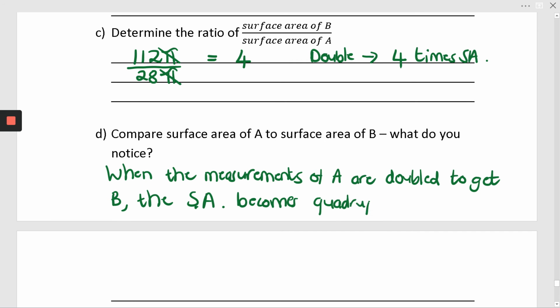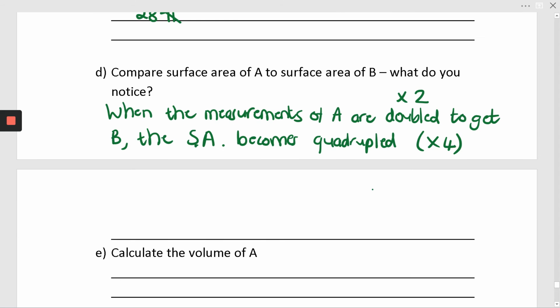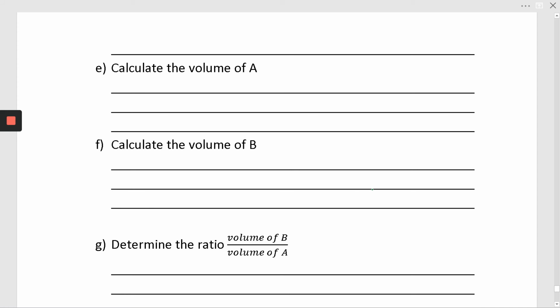Isn't that a lovely word? And that means times by 4. Okay, what's interesting is doubled is times by 2, and now we're talking about something timesing by 4. Okay, hold that thought for a moment and let's look at the volume.